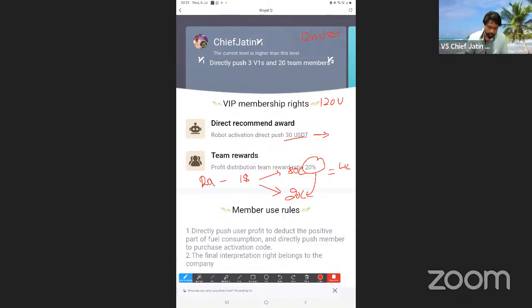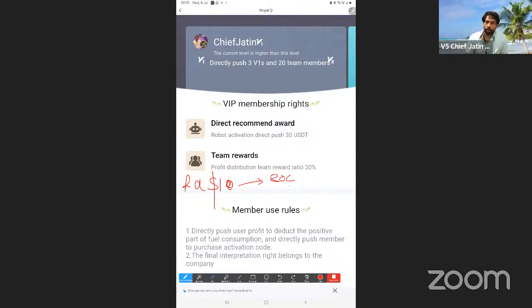Okay. So when Royal Q generates a $1 profit for leader Doris, it gives 80 cents to leader Doris, and it will deduct 20 cents as fuel charge, as I told you already. Out of this 20 cents, I will get 20%.